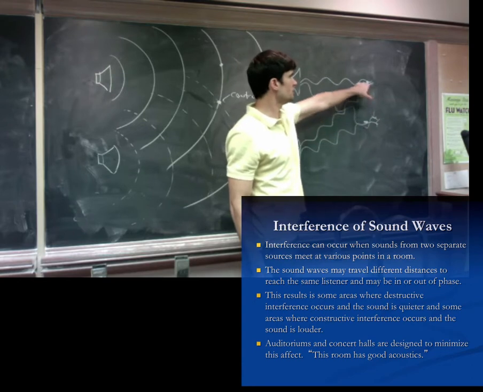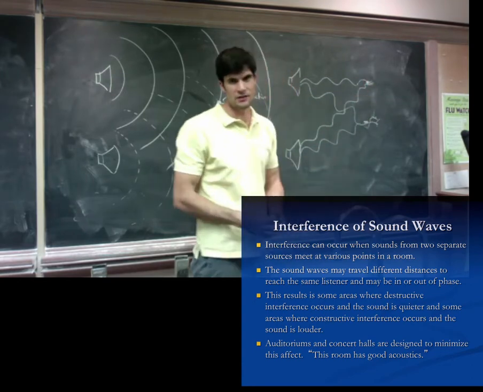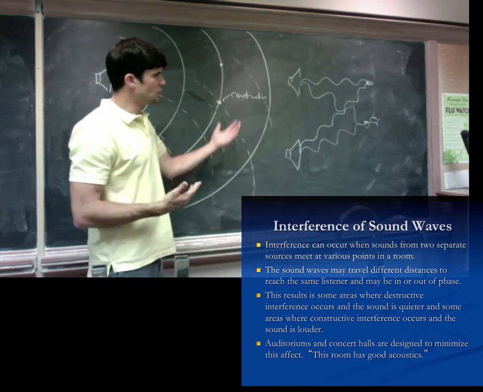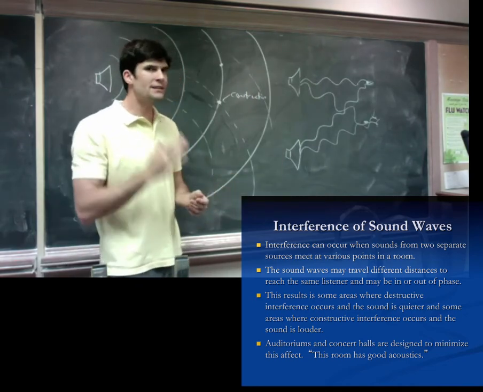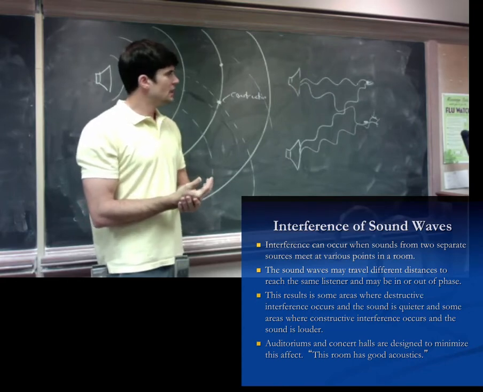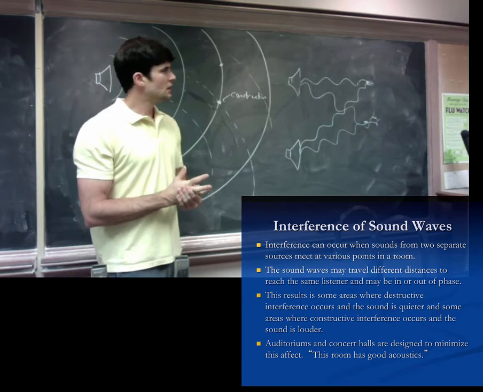So here we'd have constructive interference, here we'd have destructive interference. This would be a dead spot. It seemed quieter there. Now, the only way you can tell that this is happening is if you were to move around the room and listen for subtle increases and decreases in volume. And it may not be something that's terribly noticeable.